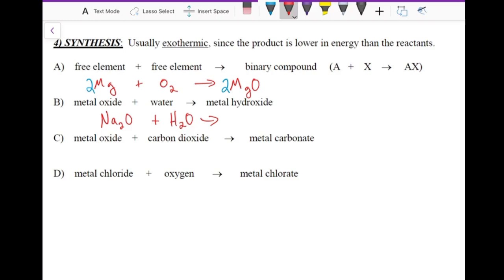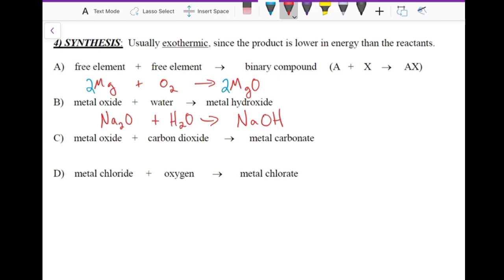In this case, the metal is still sodium, so it's going to be sodium hydroxide. Because of charges, sodium is +1, hydroxide is -1, so we're going to get just one of each.